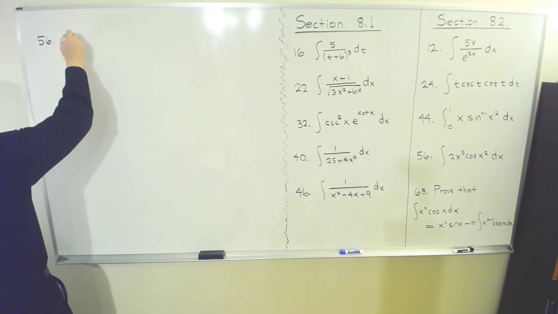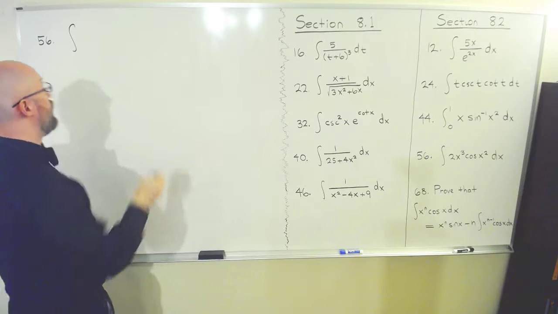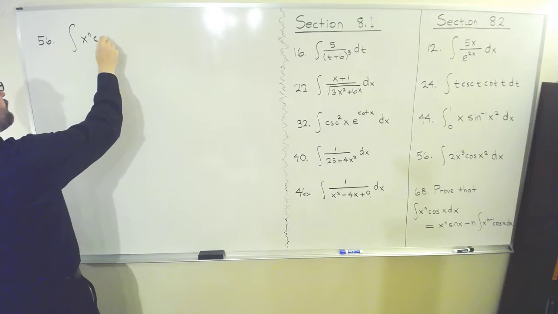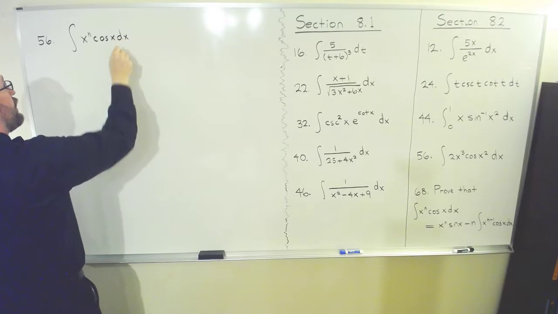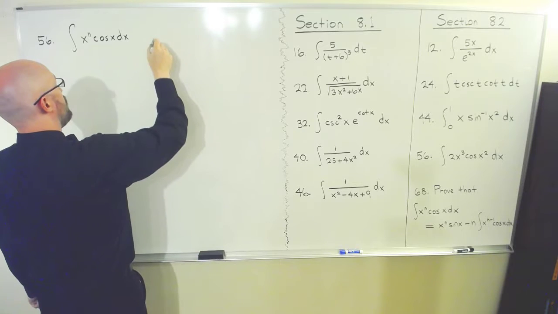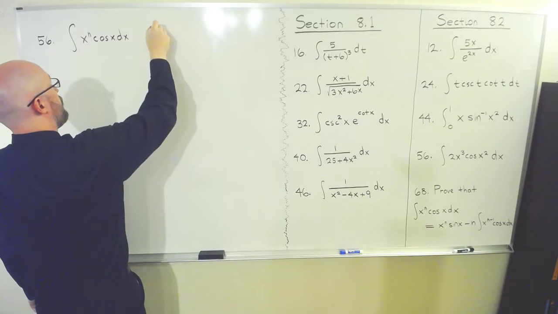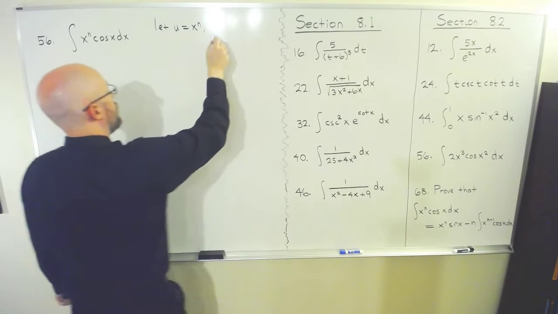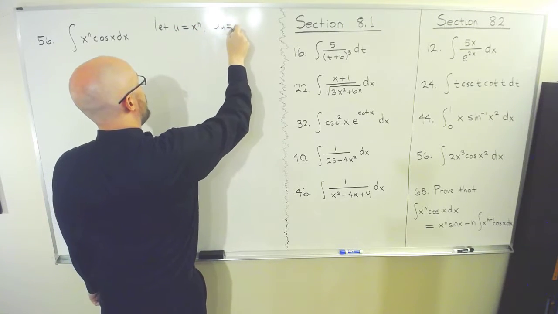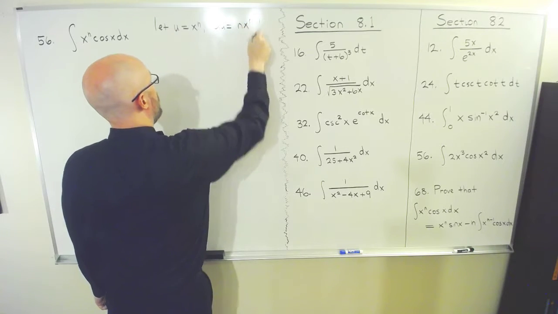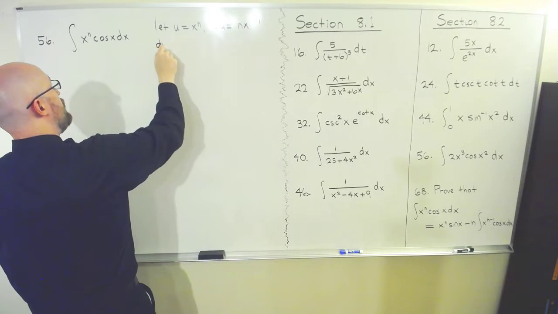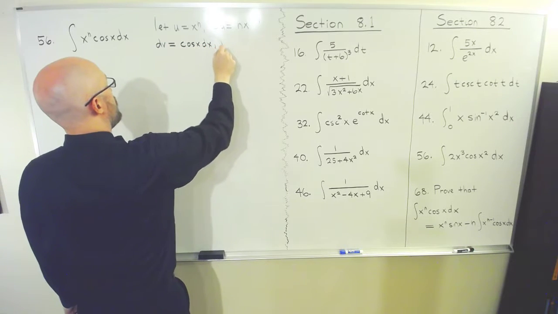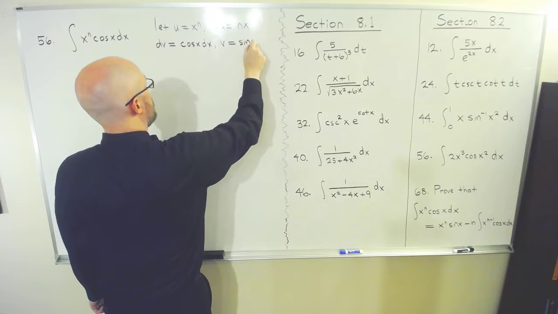So if I begin by writing out the integral on the left-hand side, so this is x to the n cosine x dx, and I let u equals x to the n, then du will be n x to the n minus 1. dv has to be cosine x dx, in which case v is just sine x.